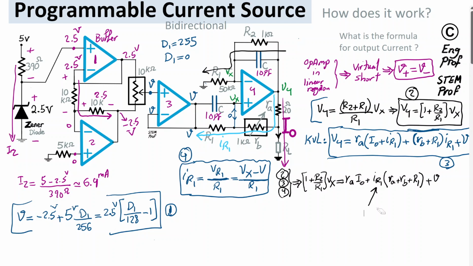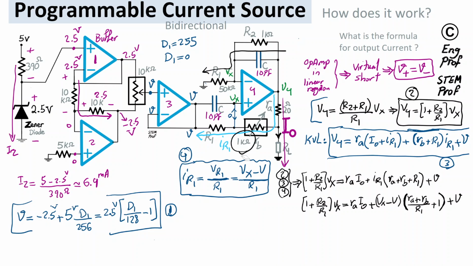But then substitute for IR1 using equation 4. So I get 1 plus R2 over R1 times Vx equals RA times I out plus Vx minus V divided by R1, which I'm going to shift below, times the numerator of RA plus RB over R1 plus 1, plus V. Now we have the benefit of having this accurate digital potentiometer come into the picture.